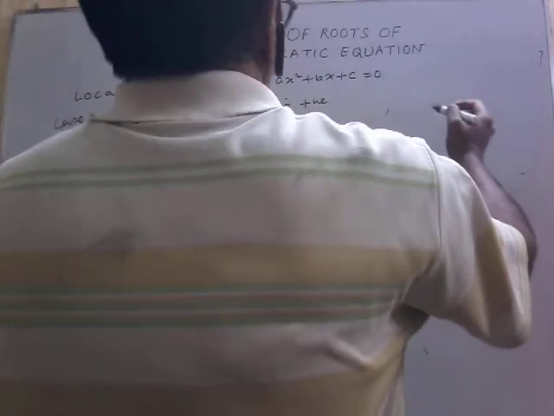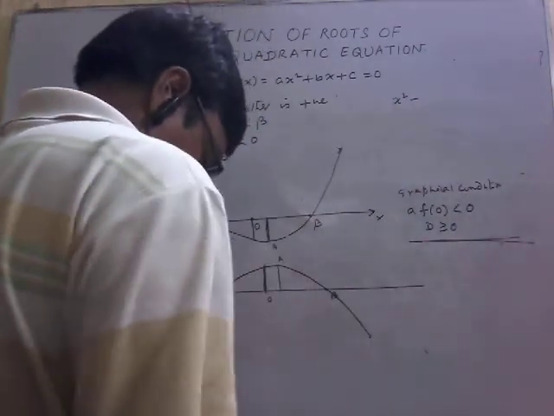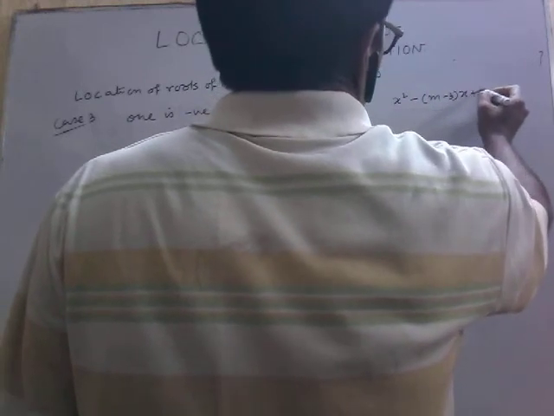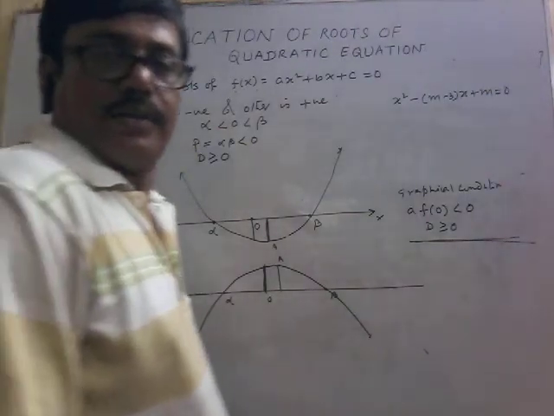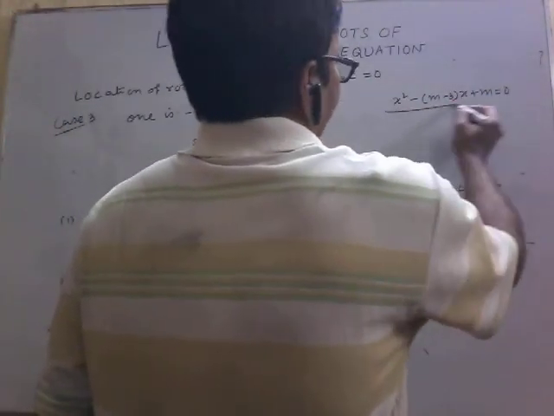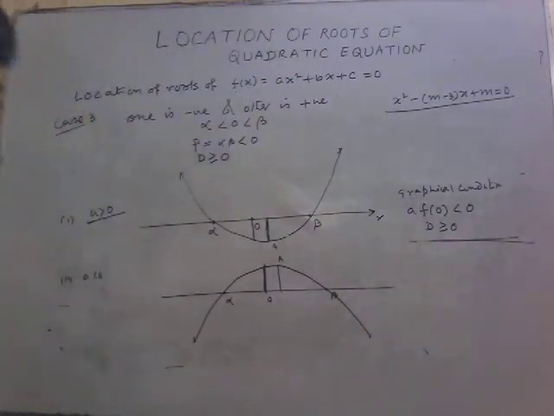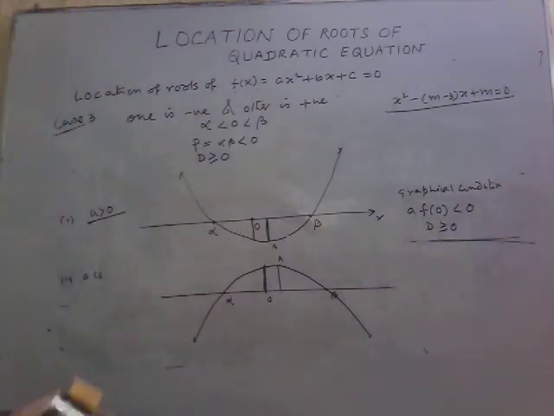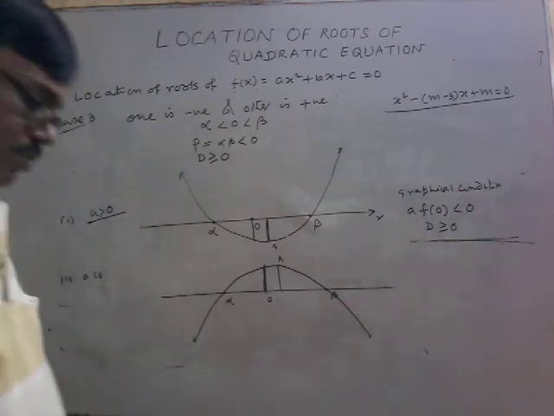Now application. Same problem: x square minus (m minus 3) into x plus m equals 0. Find the value of m for which one root is positive and another root is negative.